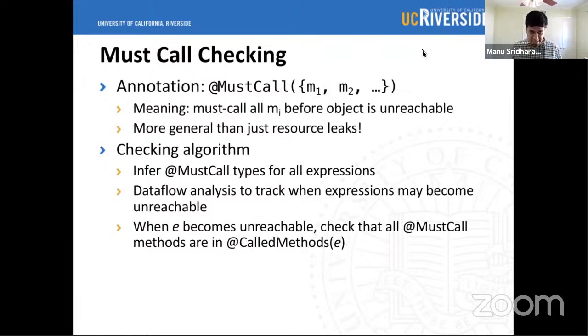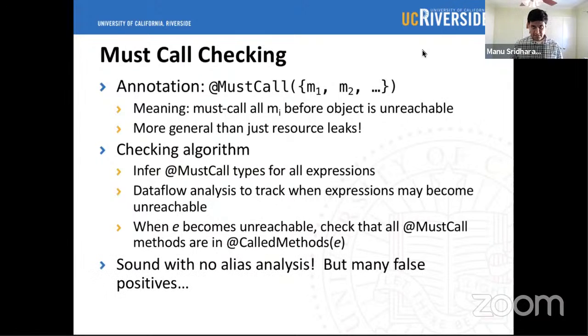We have a checking algorithm that basically extends the called methods type system. We have to infer these must call types for expressions, and then we do a simple data flow analysis to track where expressions might become unreachable, so we can do this check that the right methods have been called. So again, we're in accumulation analysis, so that's really all you need to do to build a sound checker.